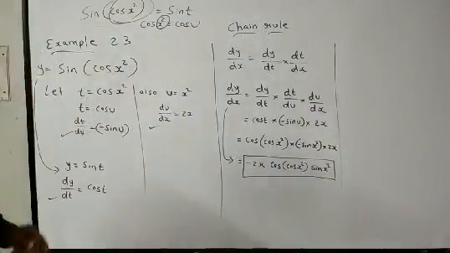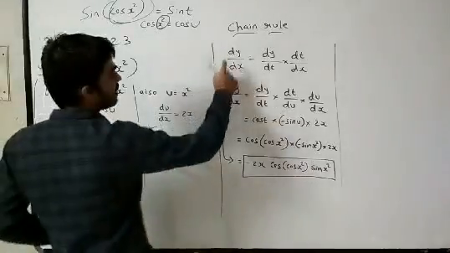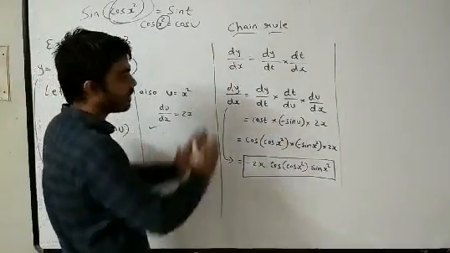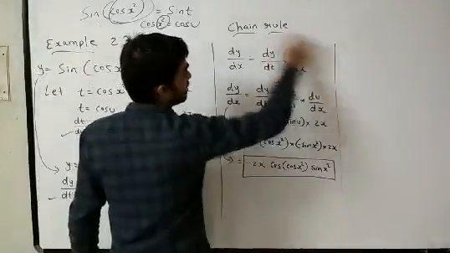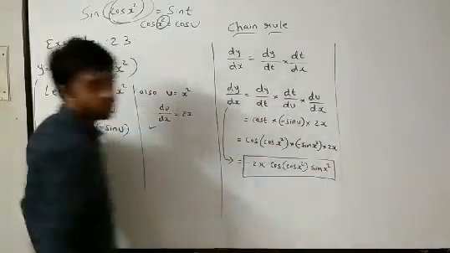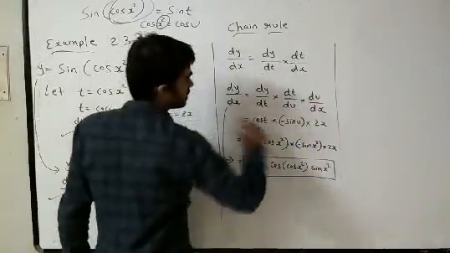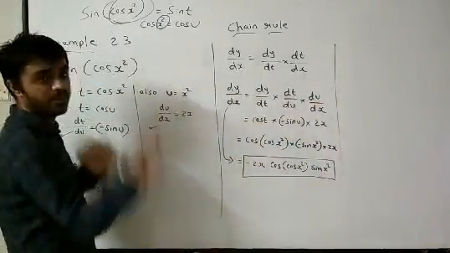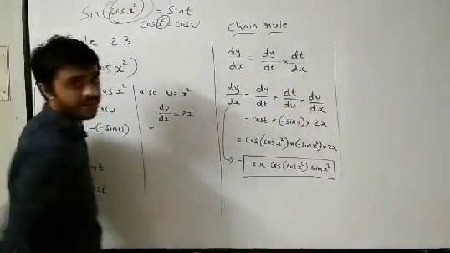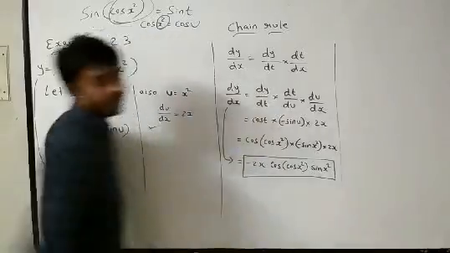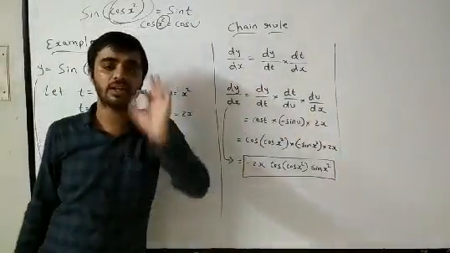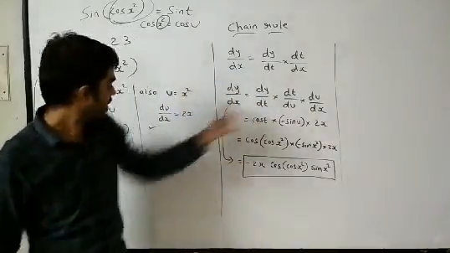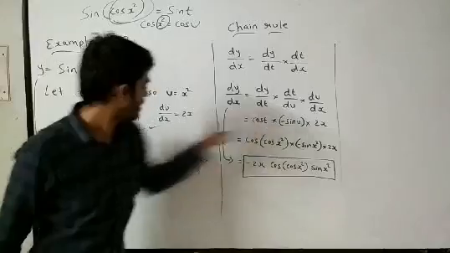Whenever you are getting dy by dx, just take it into 2 parts or 3 parts. You can do it this way in 2 parts, or in 3 parts, because these are one and the same. dt and dt will get cancelled, du and du will get cancelled. So this will be your format for writing the answer. Now, here we have got du by dx, that is 2x.